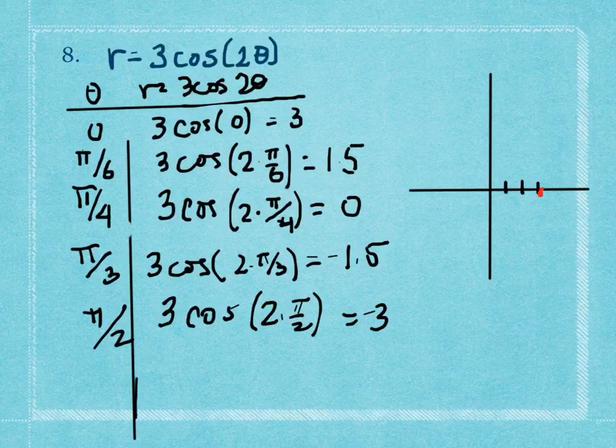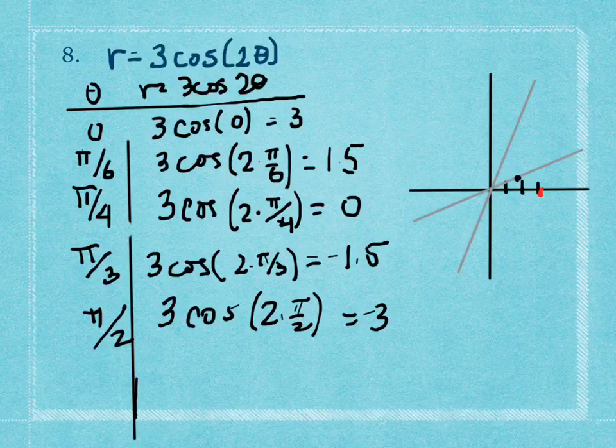Next we're going to do pi over 6, and I'm going to draw in those lines that we were using last time. So this is pi over 6, and we're out 1.5. And then we're at pi fourths.